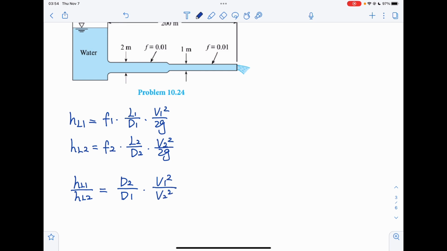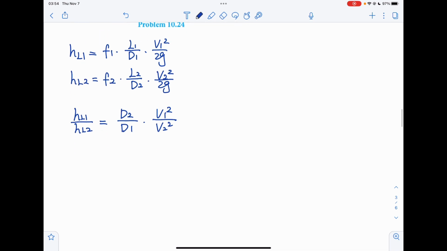From the continuity equation, we know A1 times V1 should equal A2 times V2. A1 is pi over 4 times D1 squared times V1, which equals pi over 4 D2 squared times V2.